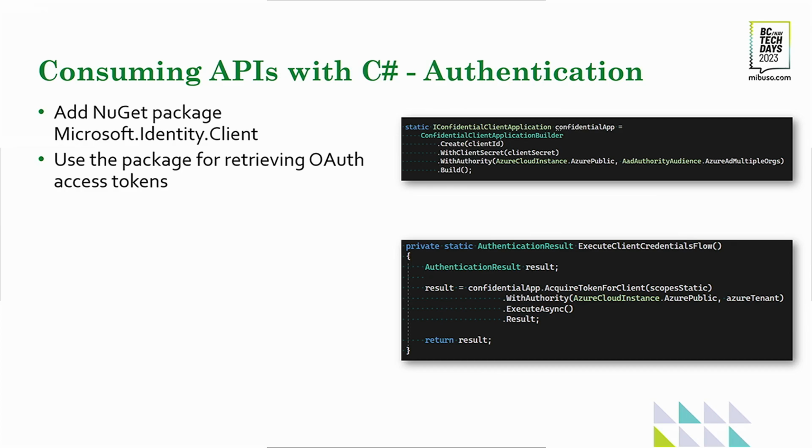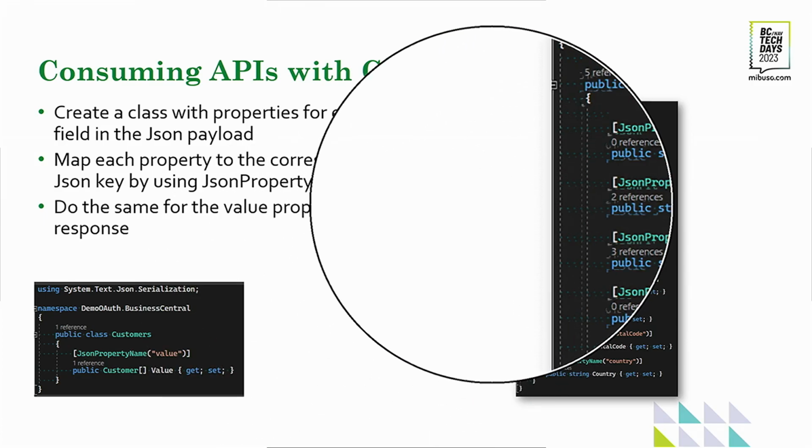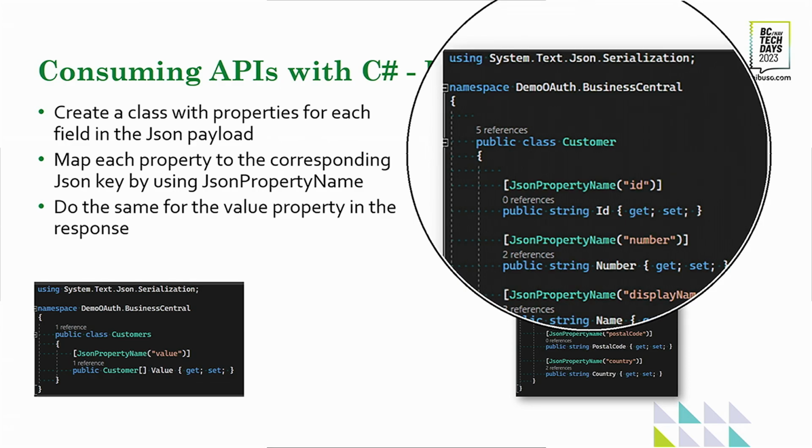Before I go to the code and run that, so you can see that it actually works, this is my way of dealing with the data. I create a class in C#, and in that class I use System.Text.Json serialization.